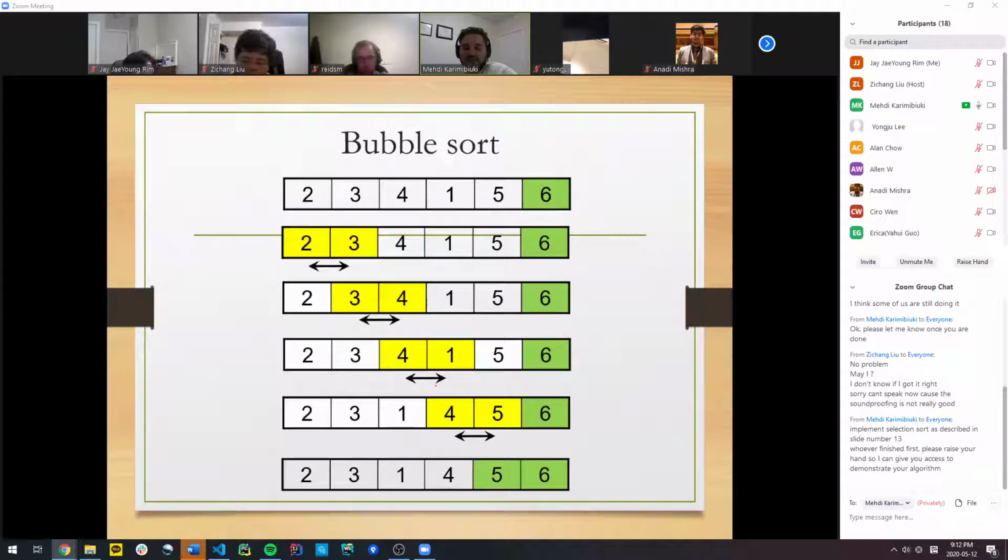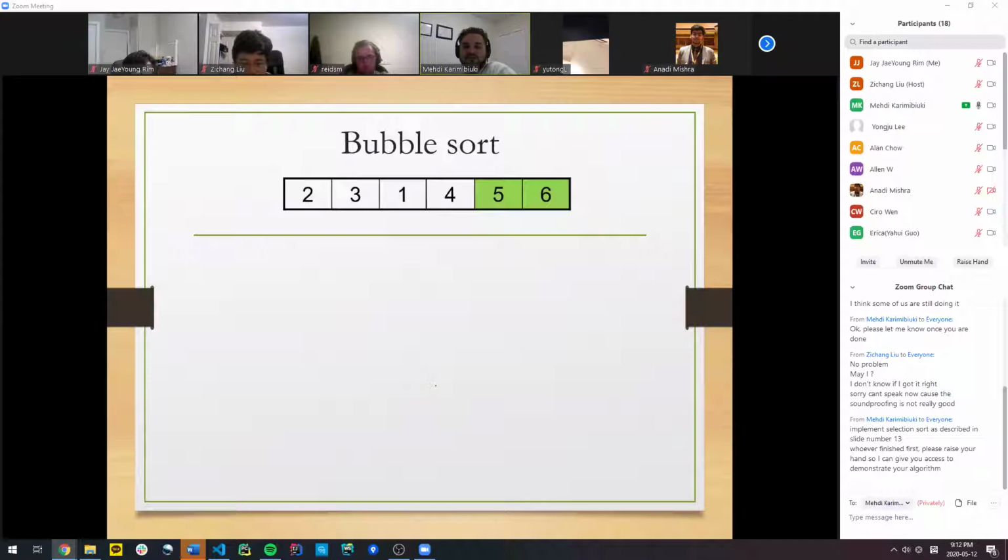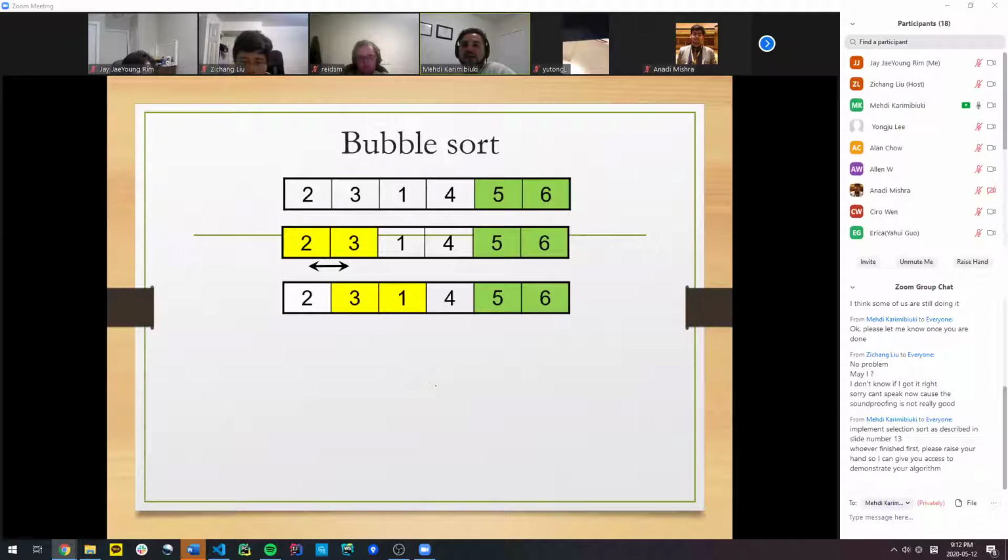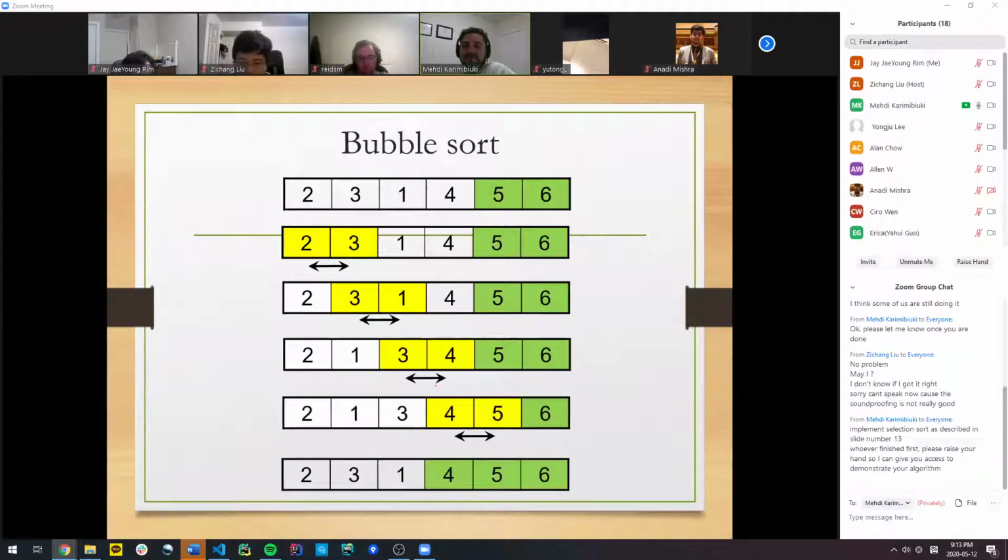From this slide, 2, 3, 1, 4, 5, 6. Again, we do it again. We go to the index 0. 2, 3, they will stay. Right? 3, 1, it has to be swapped. 3, 4, it will stay. Okay? Then we have 3 elements that are ordered in ascending.